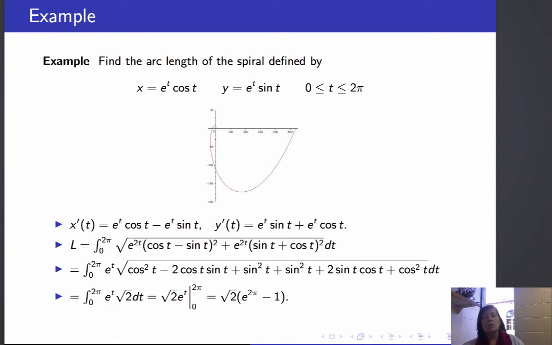And of course this is the square root of 2 times e to the t evaluated between 0 and 2 pi. So our answer is the square root of 2 times (e to the 2 pi minus 1). And this is the length of this segment of the spiral defined by these parametric equations.